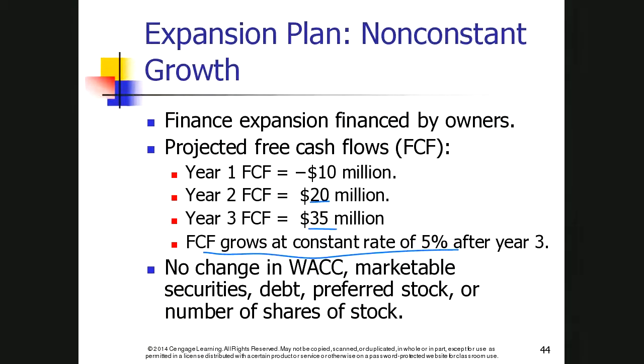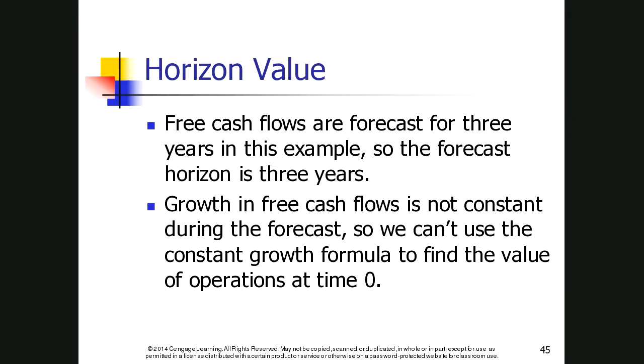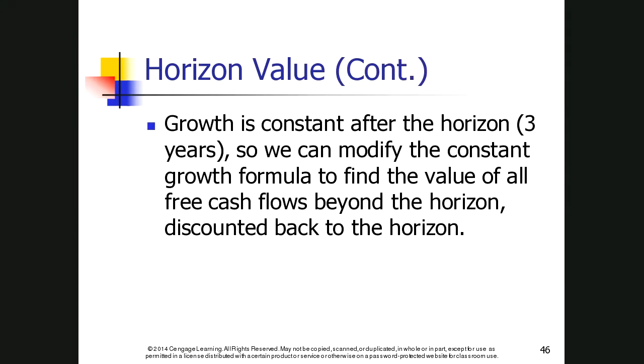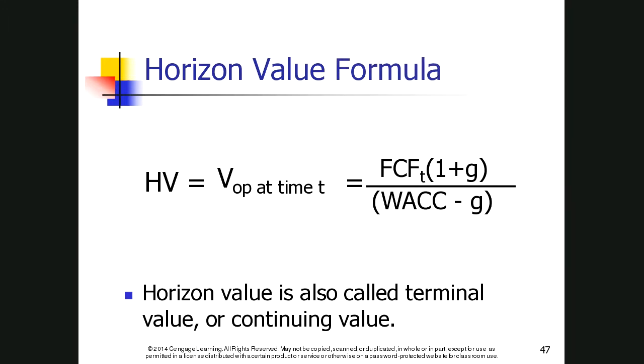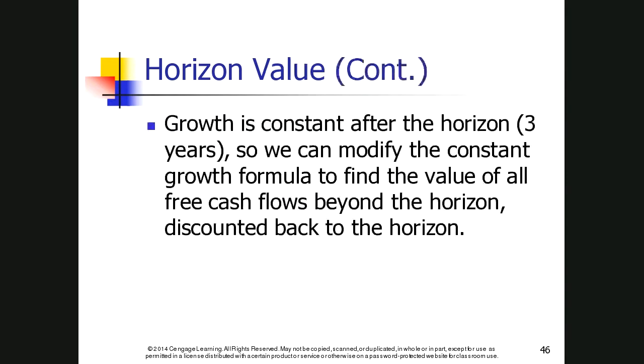So in this case, how are you going to calculate the operations value? Well, the first step is that you are going to calculate the horizon value. Yes, that's right. Horizon value. The horizon value is going to take the free cash flow in the third year.